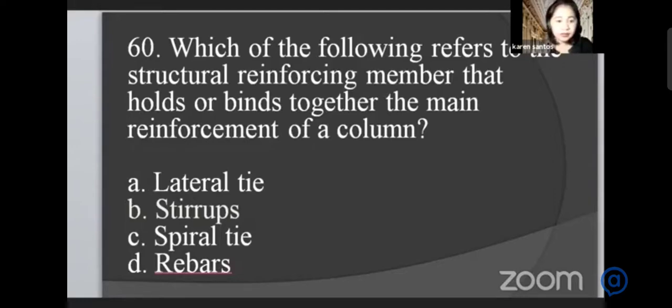Okay, so in number 60, the correct answer is letter B, which is the stirrups.